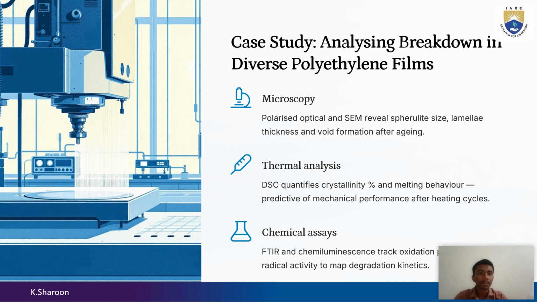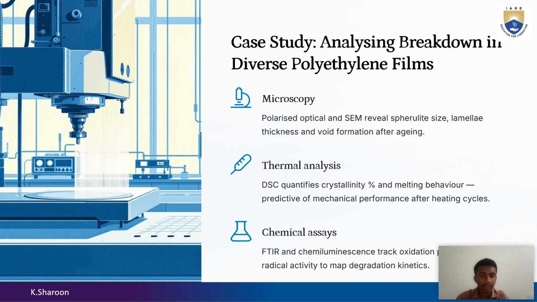Case study: analyzing breakdown in diverse polyethylene films. Microscopy, polarized optical and SEM, reveals spherulite size, lamellar thickness, and void formation after aging. Thermal analysis: DSC quantifies crystallinity percent and melting behavior.